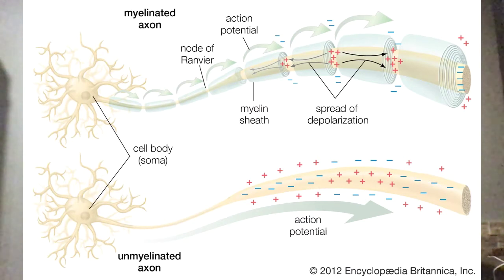So the elongated projection called the axon, that yellow portion that's projecting towards you in that lower picture, can be either long or short or anywhere in between.